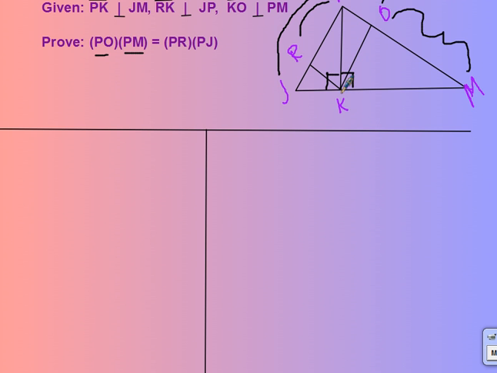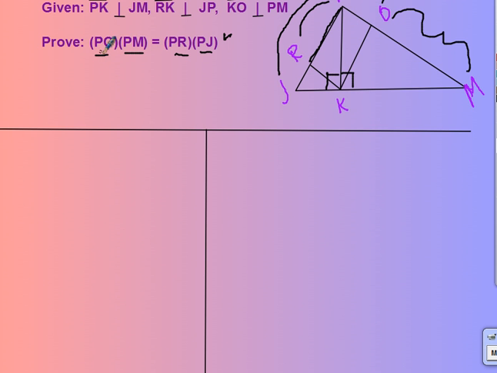Because if we can talk about this one being the altitude to that, then we can use that altitude to cut this into segment and hypotenuse, and we can say that PK times PK is equal to PR times PJ. So we could get that statement using this first one and this one right here.